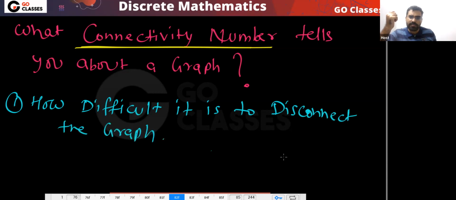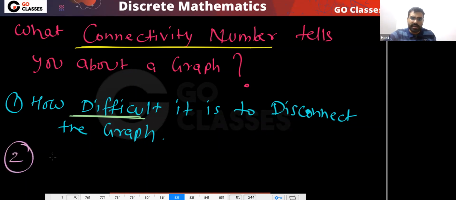If your connectivity number is large, meaning the smallest vertex cut that you have to remove is also large, then it is very difficult to disconnect the graph. Yes or no?